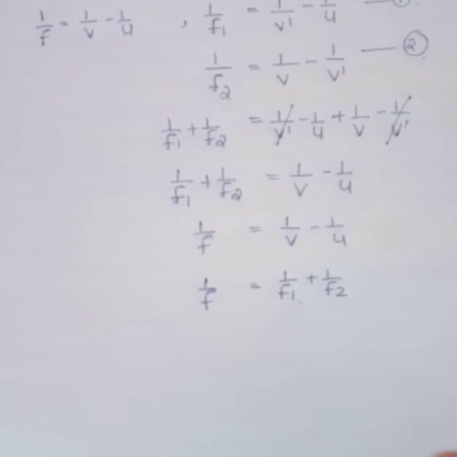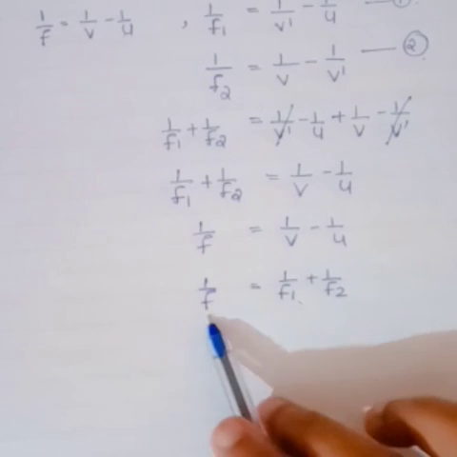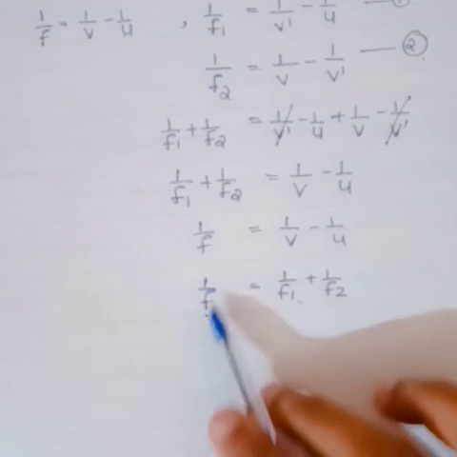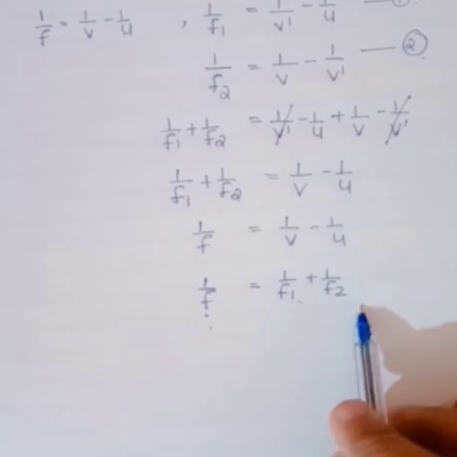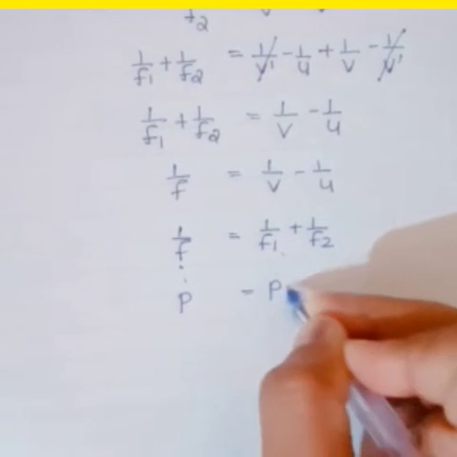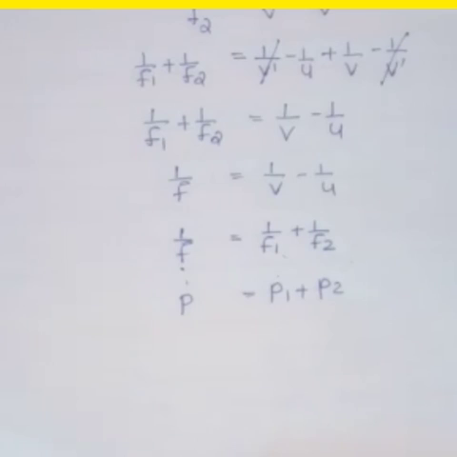For the combination of thin lenses in contact, if f is the equivalent focal length, then 1 by f is equal to 1 by f1 plus 1 by f2. In terms of power, P is equal to P1 plus P2.